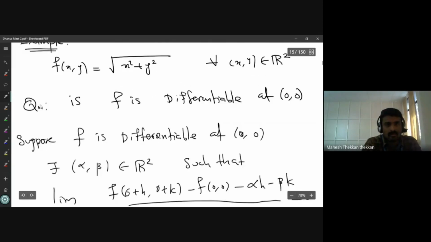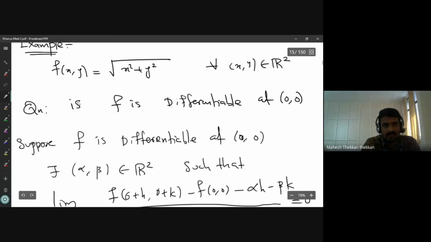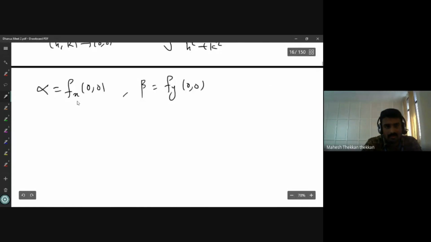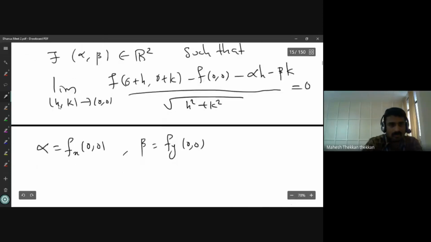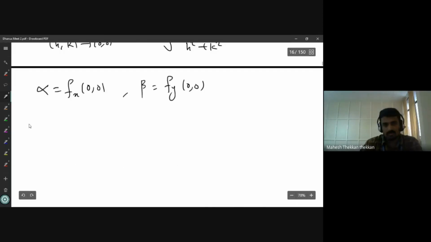So now you look at the function. What is the function? F of x y is equal to square root of x square plus y square. So the question is whether the partial derivative at 0, 0 exists or not. This one I have done in the last class itself. So if you want, I can do it again. So you look at fx at 0, 0.